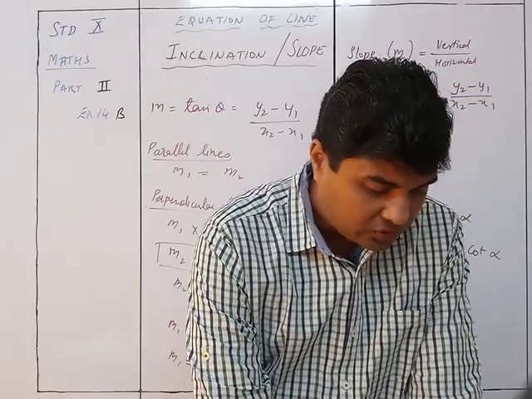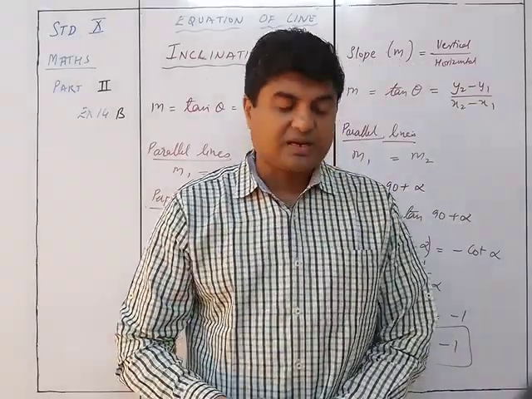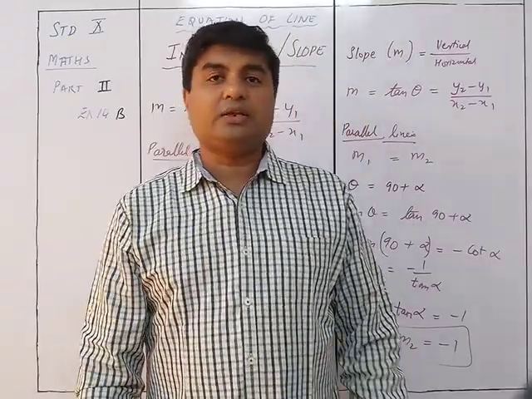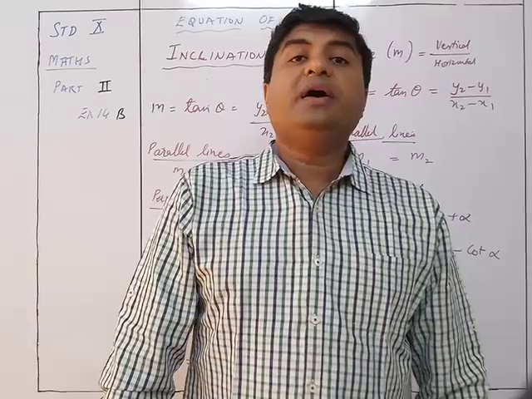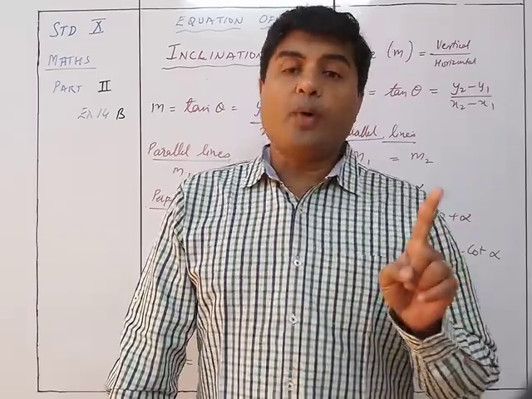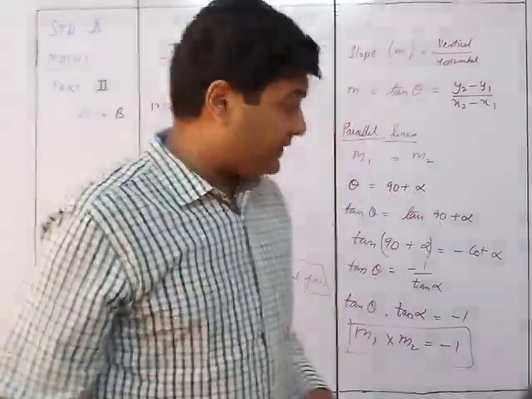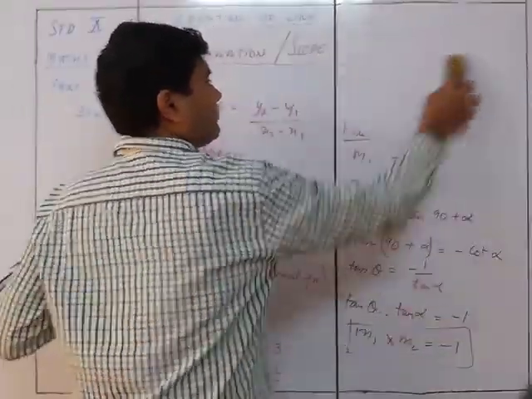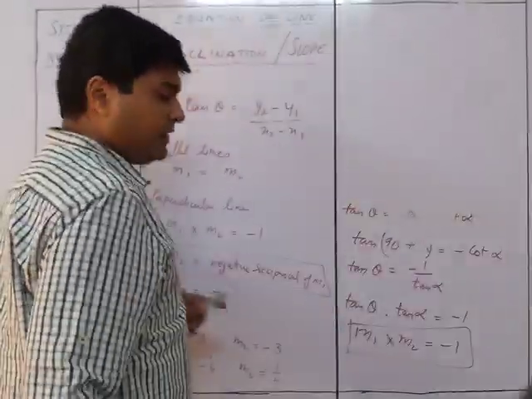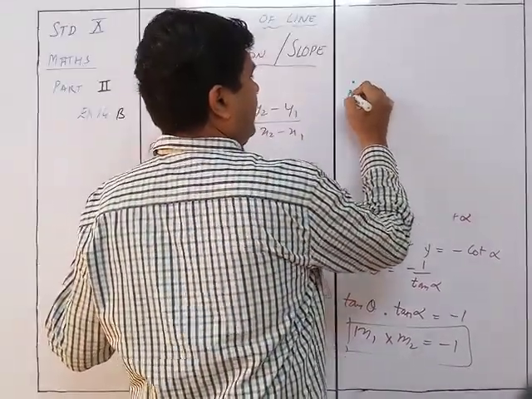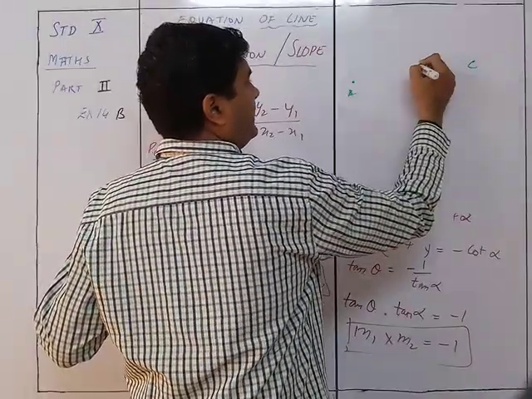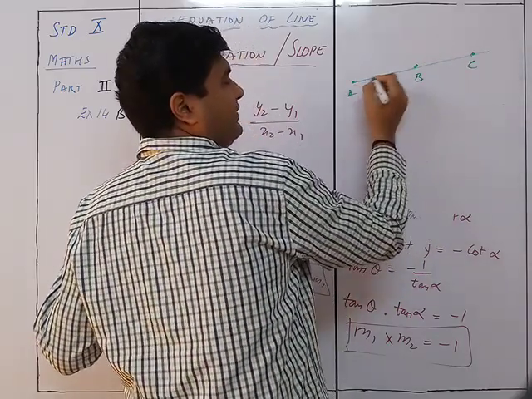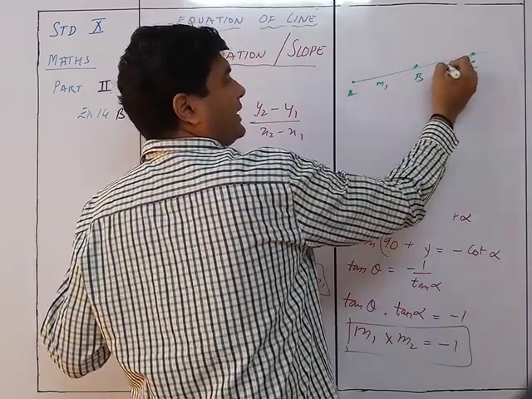One more thing is the condition for collinearity. When will I say that 3 points are collinear? If there are 3 points A, B, C, how do I know that they are collinear? Here I get slope m1, here slope m2.